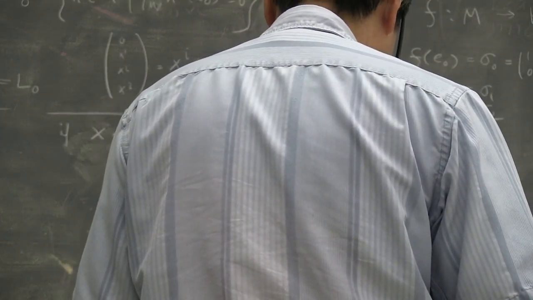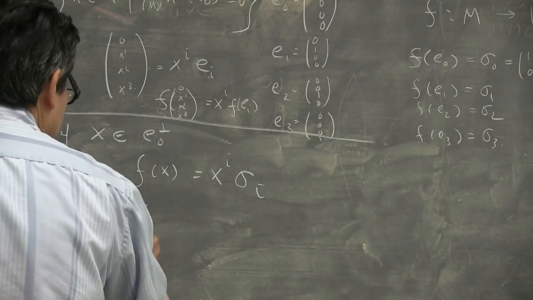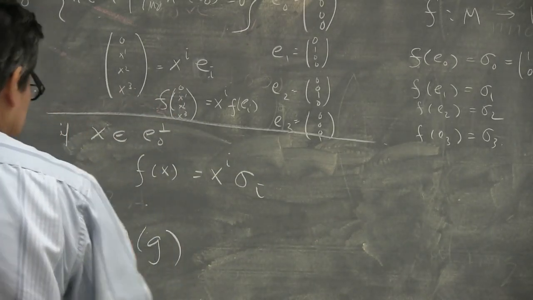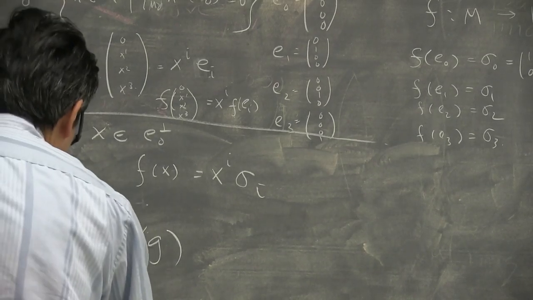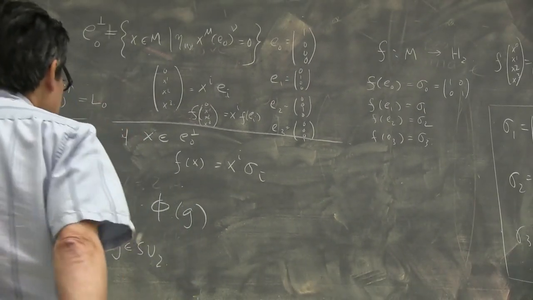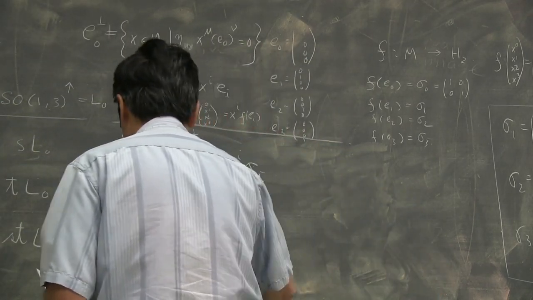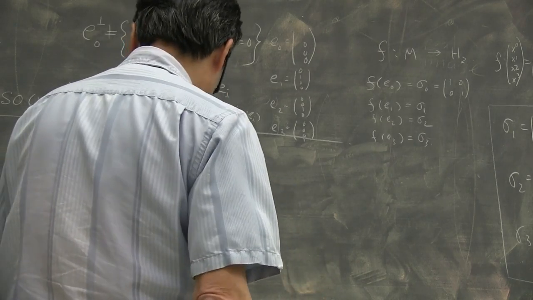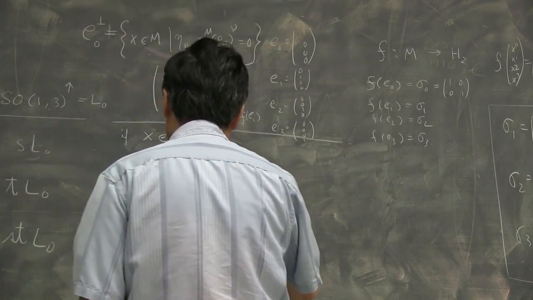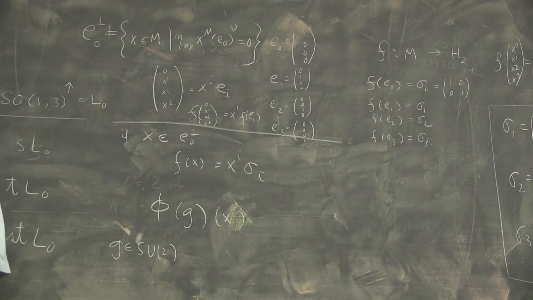Now we can use the homomorphism theorem. Let's say we take a G. If G is inside of SU2, you can tell what phi of G is by letting it act on X, where X is some vector in Minkowski space.